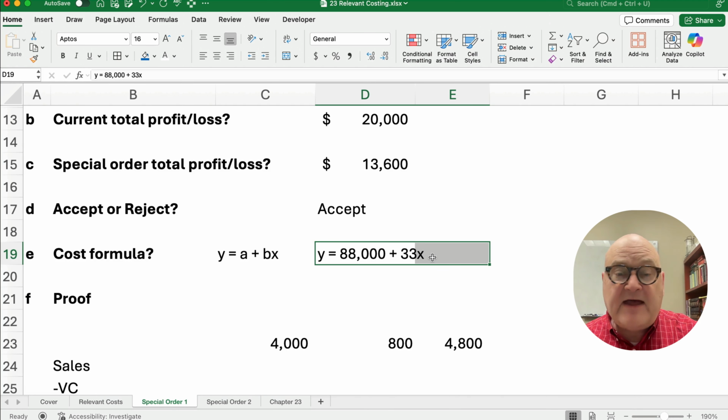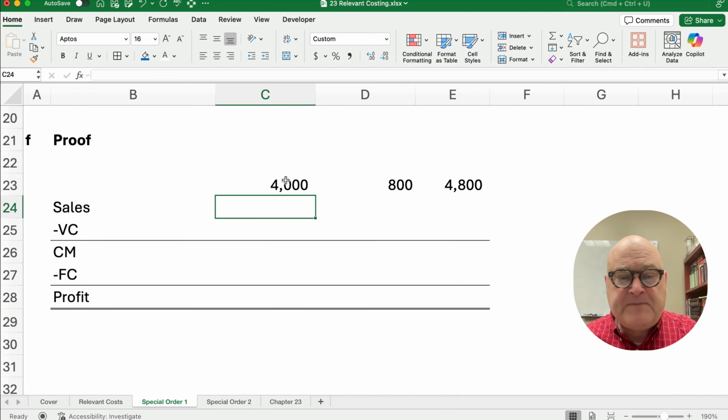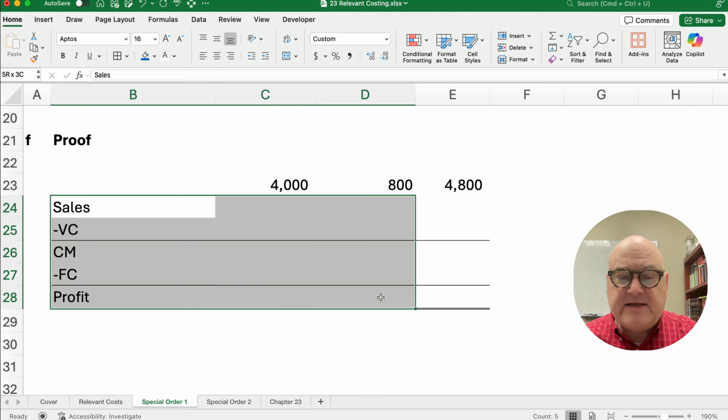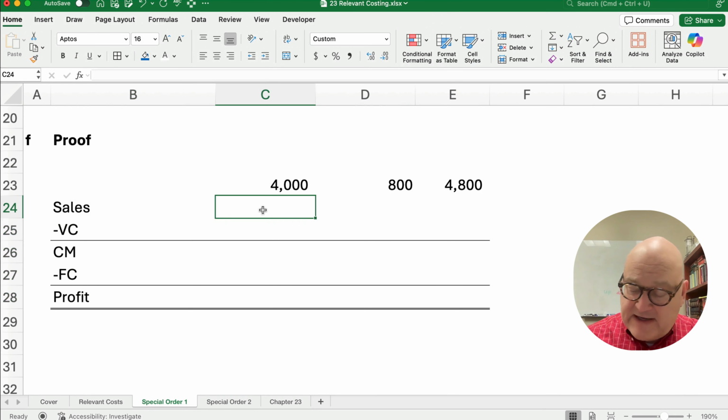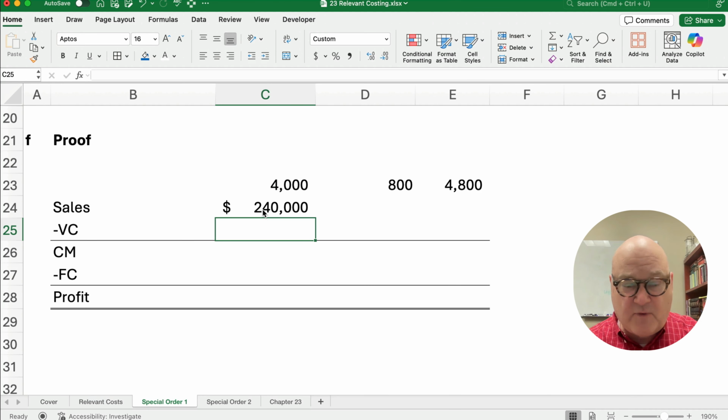It's just 88,000 is our fixed cost, 33 is our variable cost. Let's prove it here. I've set up just our little income statement using the variable costing approach. If I did 4,000 times 60, my sales is 240.